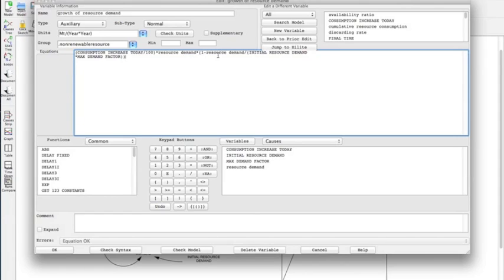You have a 1 minus, and then you have the resource demand divided by the initial resource demand times the max demand factor, and this max demand factor is like your carrying capacity. It's the maximum amount of that resource that you can actually extract from the system at any given time. Okay, and then the consumption increase today.